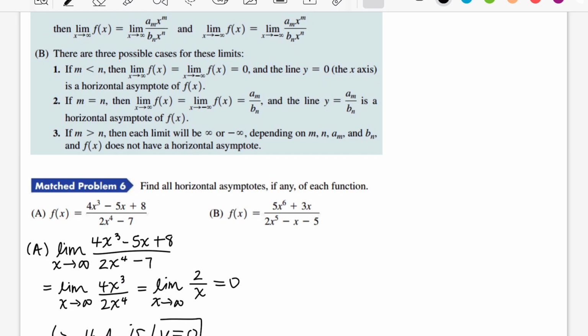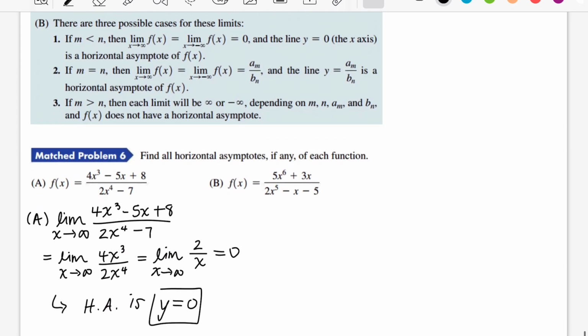Okay, now let's do the same for b. We know that the limit of this function is going to be the same as if we were to just look at the limit of the leading terms in the numerator and denominator.